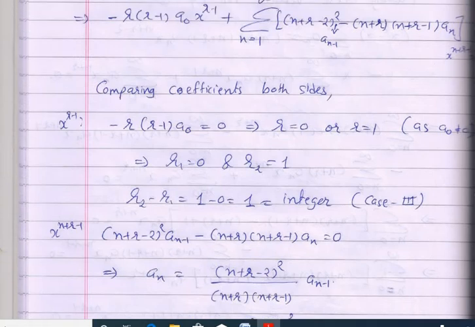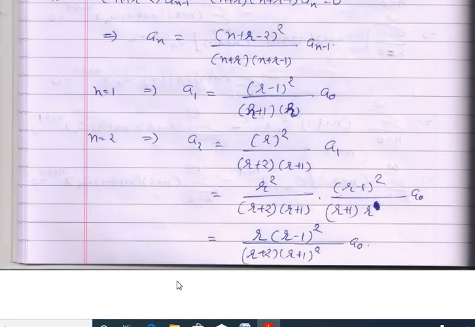Now the second term, x raised to n plus r minus 1, and the coefficient is (n plus r minus 2) whole square a of n minus 1 minus (n plus r minus 1) a n is equal to 0. From this we have a n is equal to (n plus r minus 2) whole square divided by (n plus r minus 1) a of n minus 1.